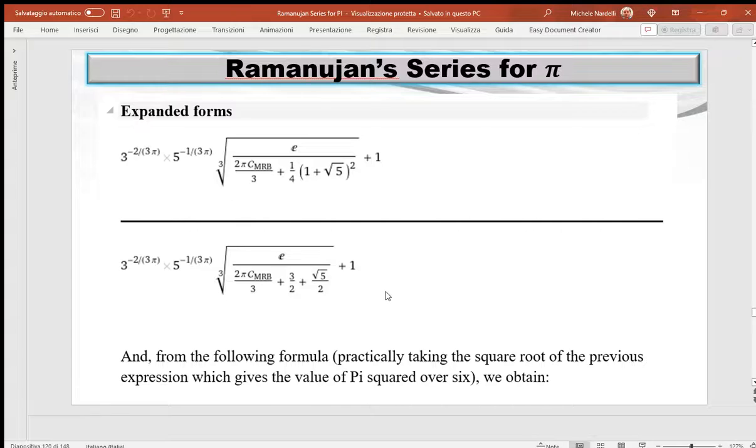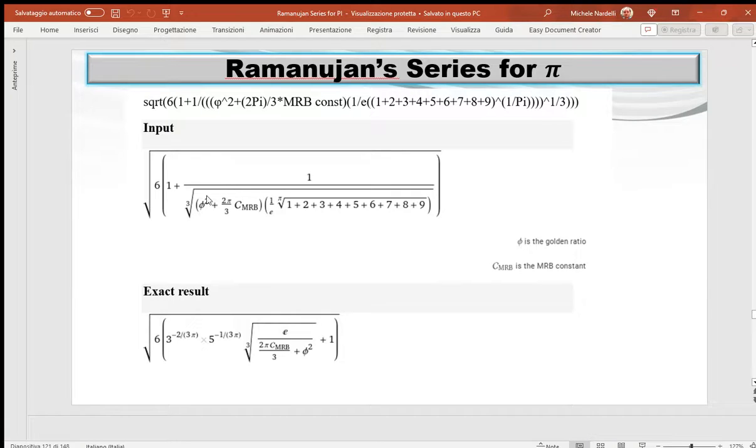And from the following formula, practically taking the square root of the previous expression, which gives the value of pi squared over 6, we obtain these expressions, from which the following exact result: 6 multiplying the previous expression.